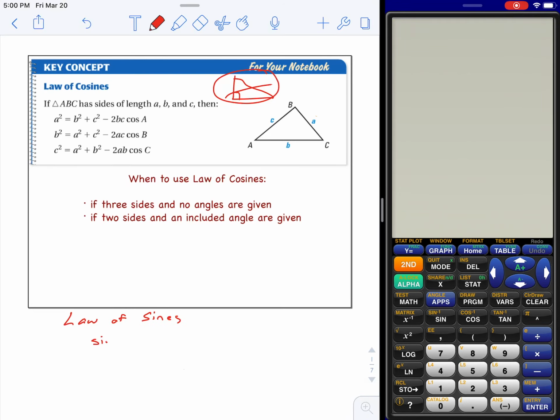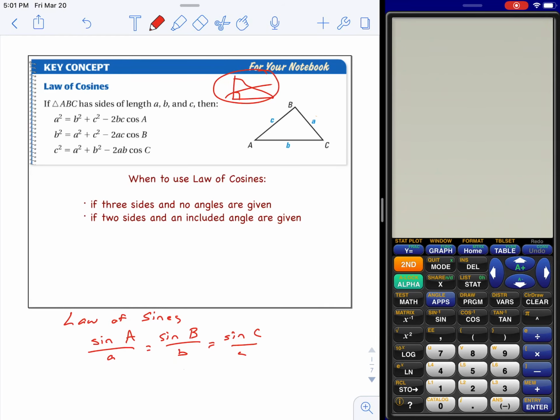Well, we first looked at the law of sines, and we found that if you take the sine of an angle, divide it by its side, the proportion that's formed is going to be the same as the proportion of another angle compared to its side, which will be the same as the proportion between the last angle and its side. So the law of sines will help us find missing angles or missing sides in acute or obtuse triangles.